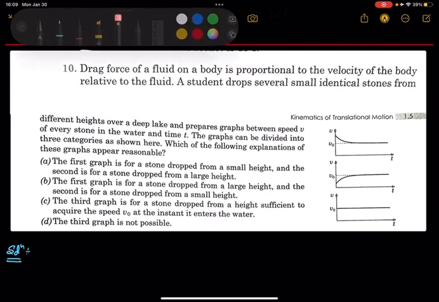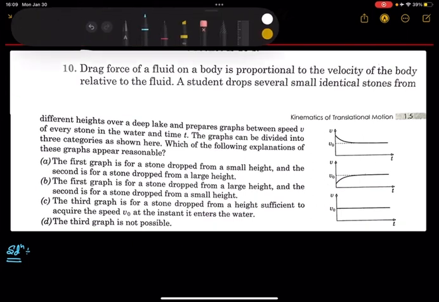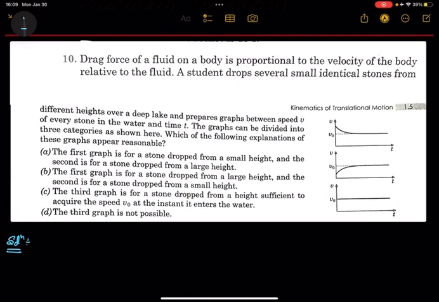In the question it is given that the drag force of the fluid on the body is proportional to the velocity relative to the fluid. So let's assume that F is directly proportional to v. These graphs show that v naught is the constant speed.